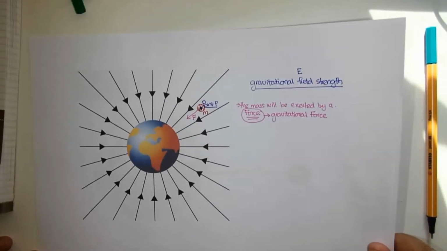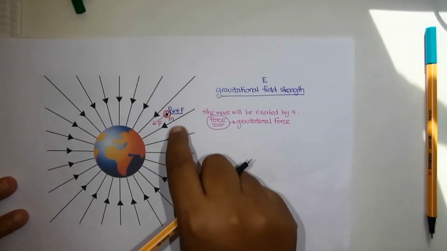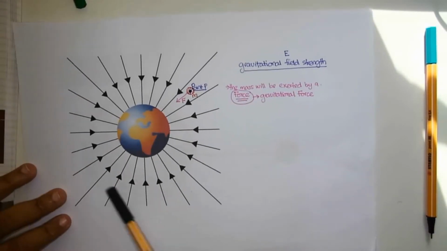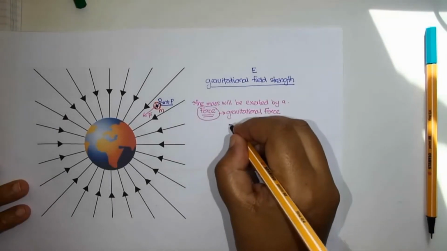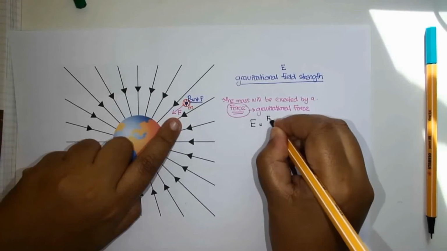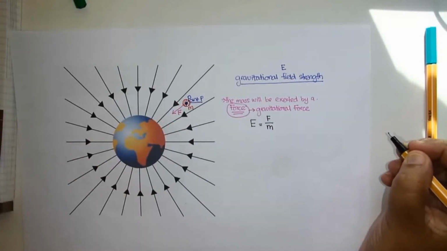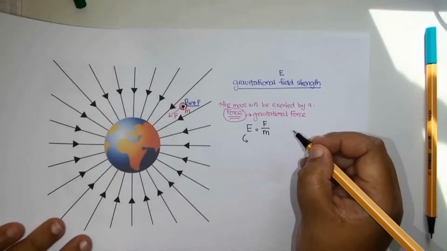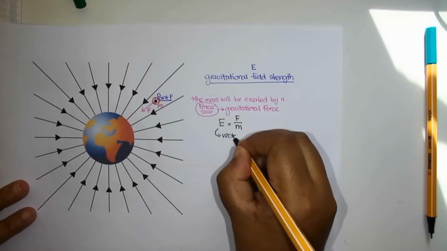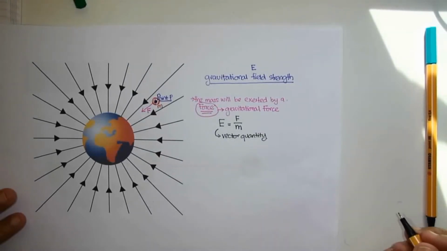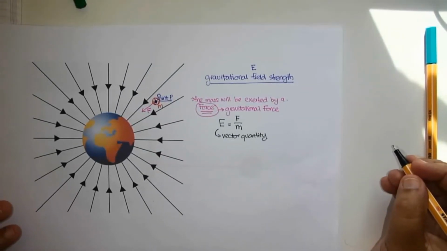The gravitational field strength at that particular point in a gravitational field is defined as the force of gravity, E equals F over M. Gravitational field strength is a vector quantity, which has a direction and a magnitude.